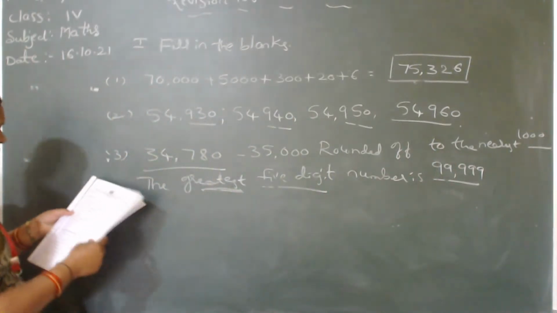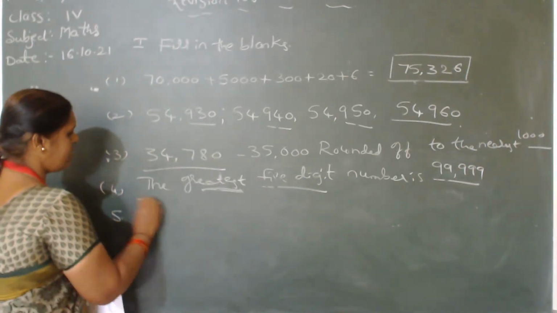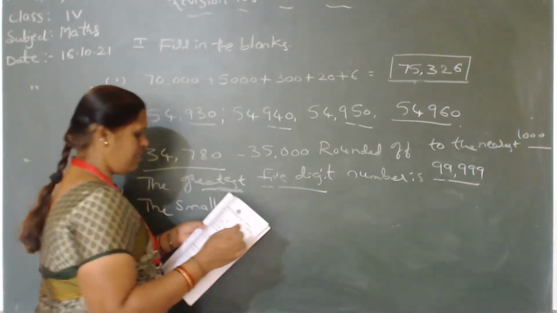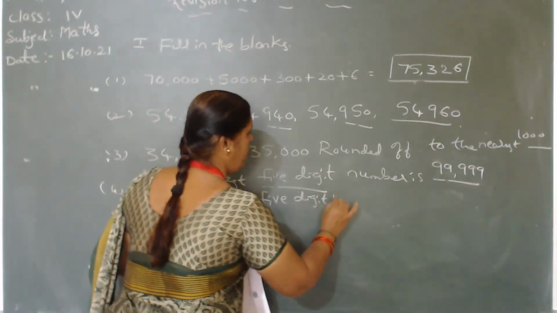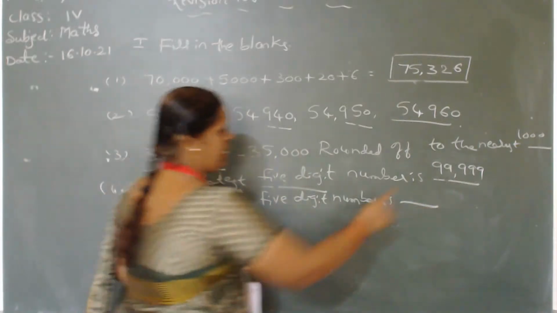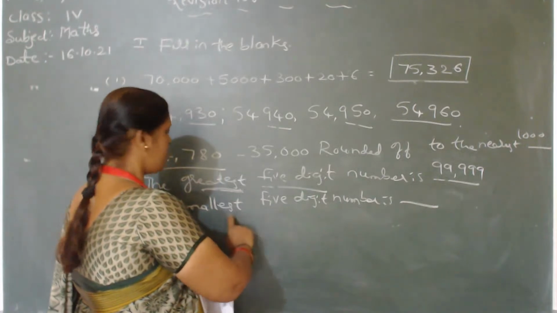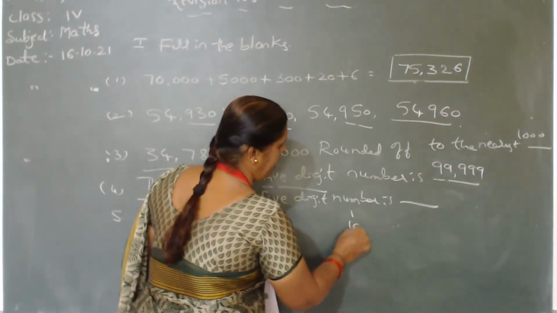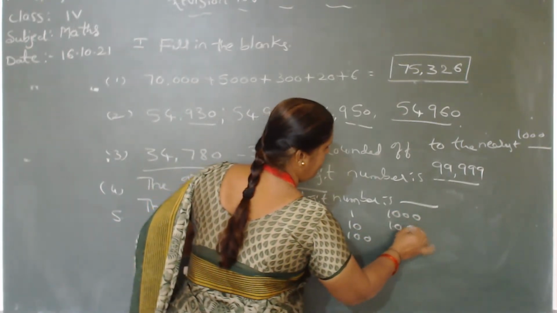So next one is the smallest. As I told, the smallest 5-digit number. So these are the greatest 5-digit numbers, and for the smallest you have to see: 1, 10, 100, 1000, 10,000.